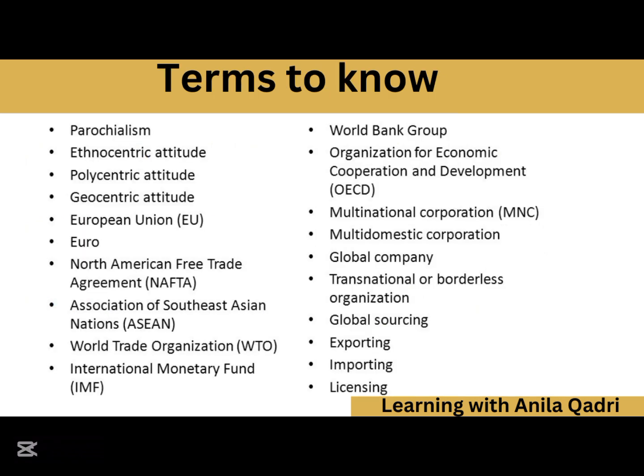After studying this chapter, you should know these terms: parochialism, ethnocentric attitude, polycentric attitude, geocentric attitude, European Union. You should have a good knowledge of the Euro, North American Free Trade Agreement, that is NAFTA, Association of Southeast Asian Nations, that is ASEAN, World Trade Organization, WTO, International Monetary Fund, IMF.